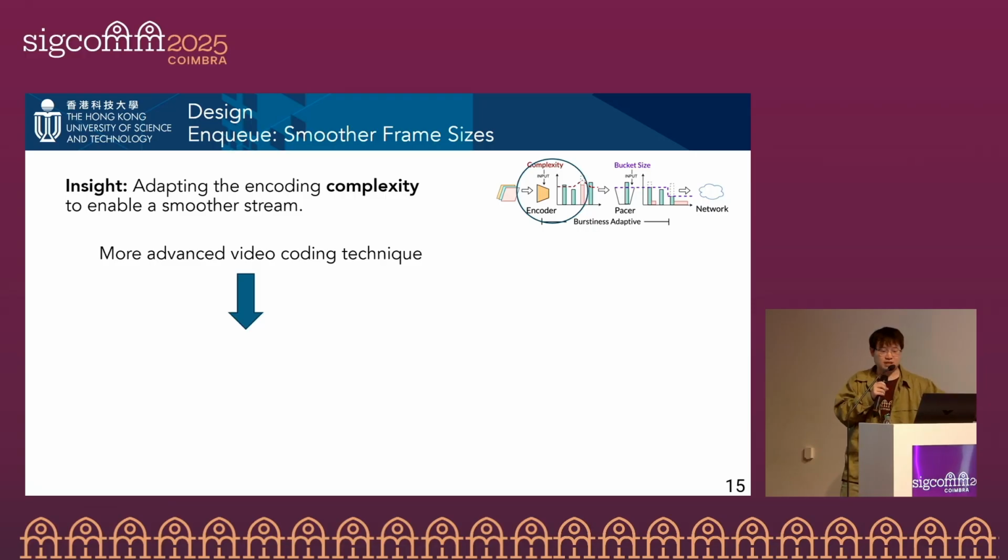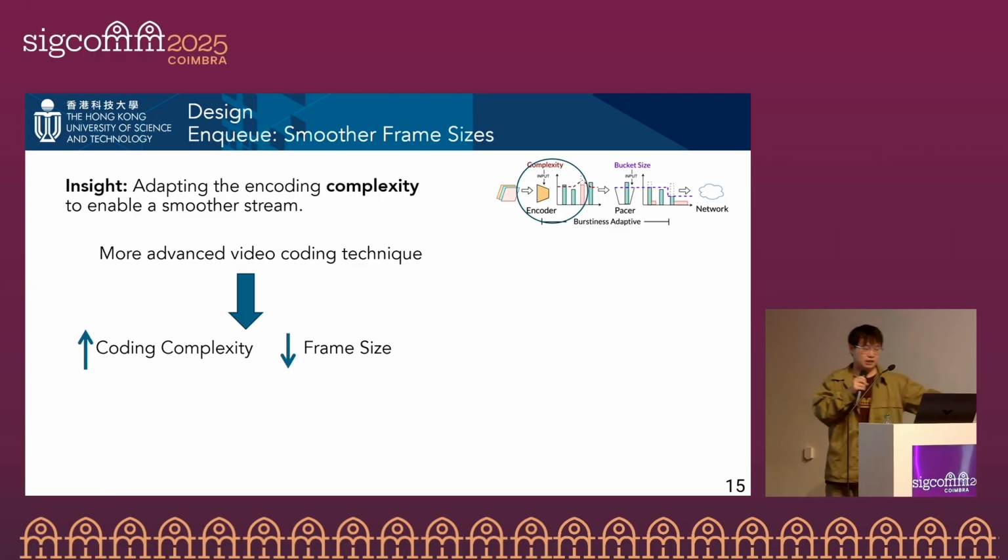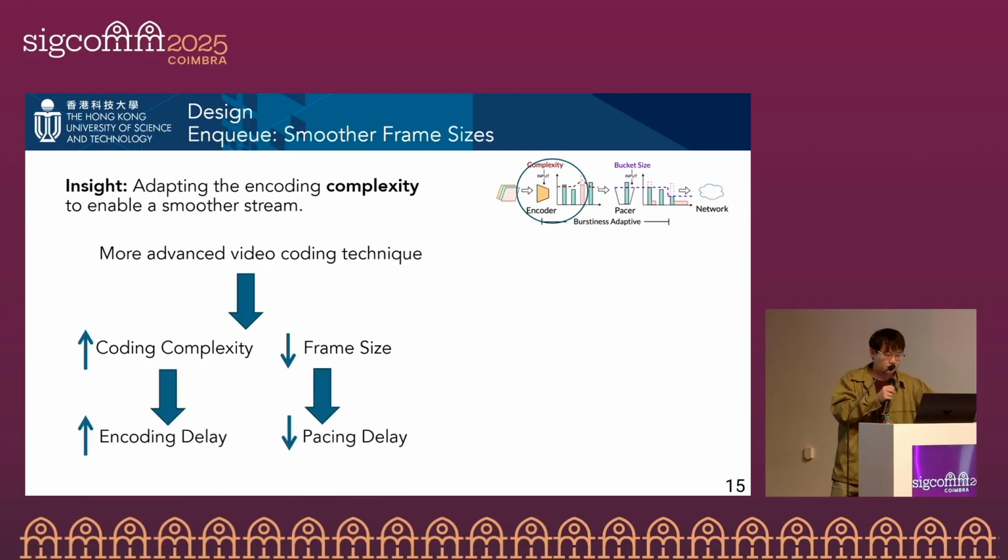The encoding complexity is actually determined by a set of encoding parameters or technologies or techniques. The more advanced the video encoder techniques we are using, the higher the encoding complexity and the smaller the frame size. While higher encoding complexity increases the encoding delay, the smaller frame size reduces the pacing latency.